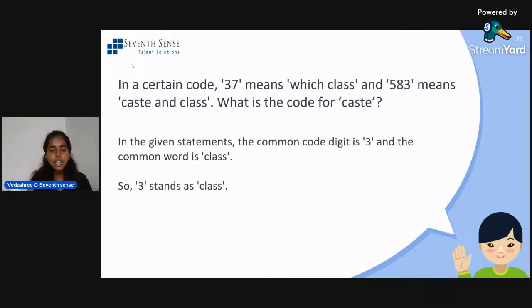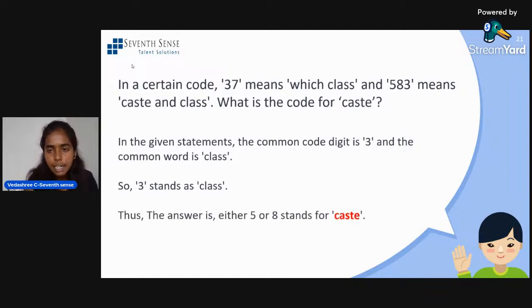So in the given statements, the common code is 3, right? So 3 has been assigned for a common word, that is class. So class has been assigned 3, and the remaining code has been assigned as 7 here.